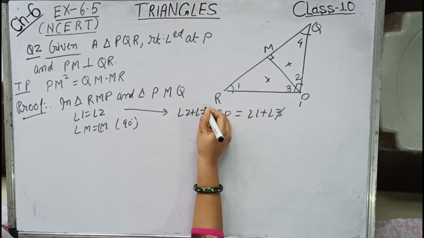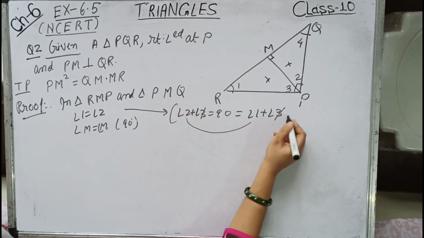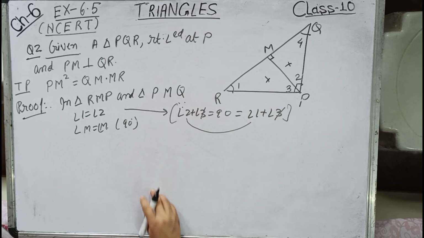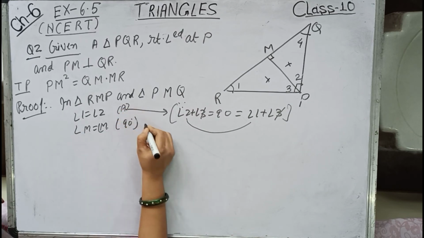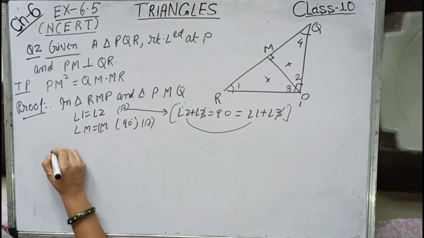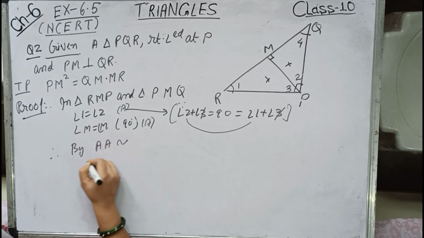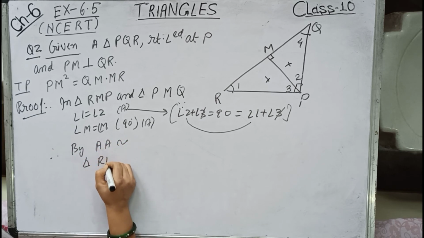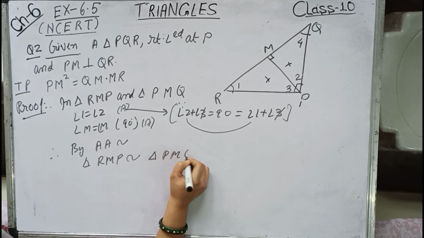Now this angle 3 will be cancelled and we will be getting angle 1 equals angle 2. So over here A and A. So therefore by double A similarity, triangle RMP is similar to triangle PMQ.